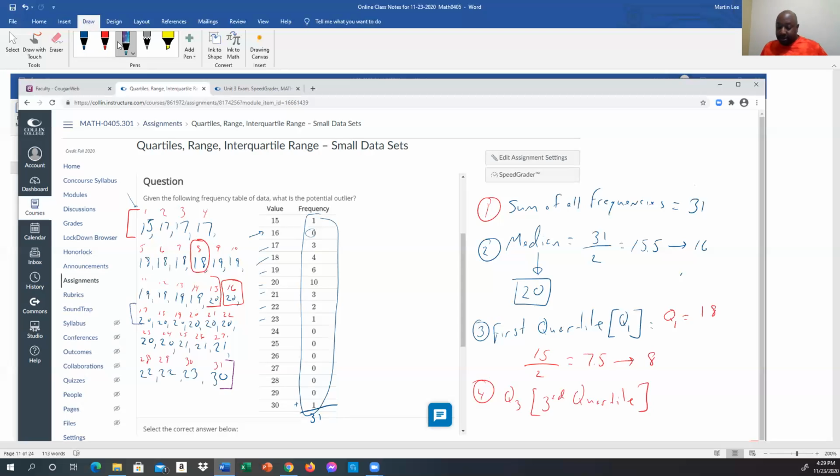Okay, good. What is the next thing we have to calculate? Oh, we need the interquartile range.